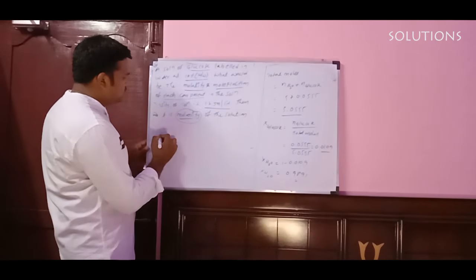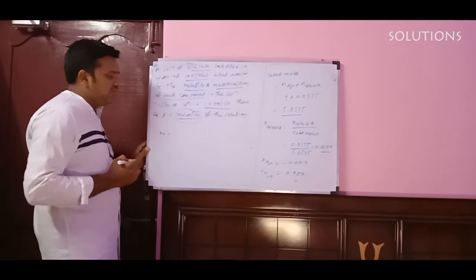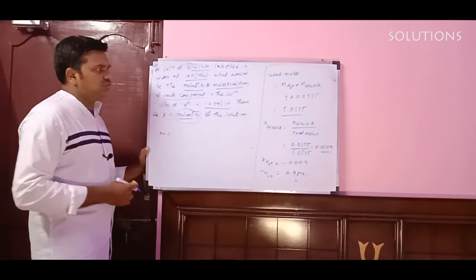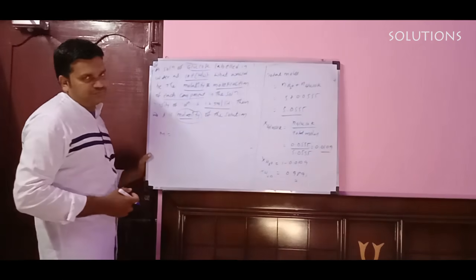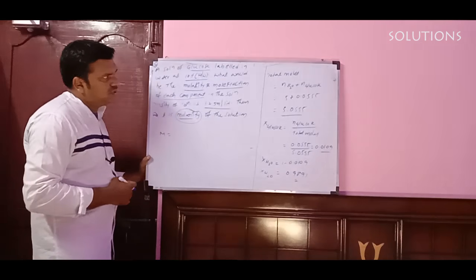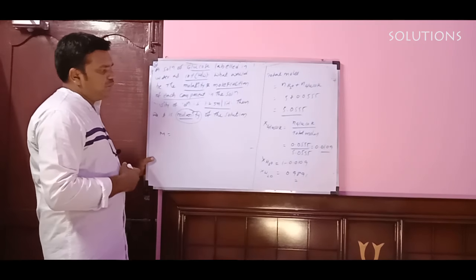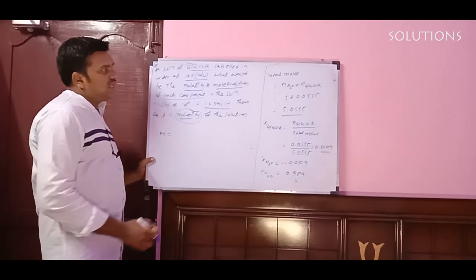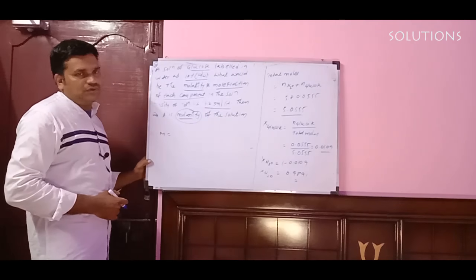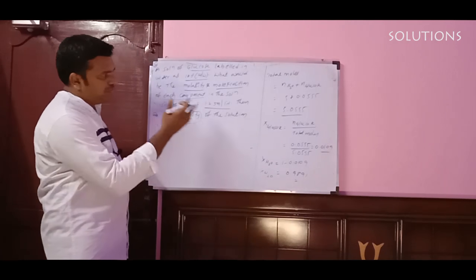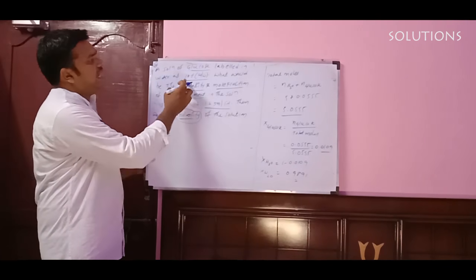For molarity, we have to know the formula, weight by gram molecular weight into 1000 by volume. But here they did not mention the volume. Is there any volume mentioned in the problem? No. But they gave density and they gave weight percent, and we have to identify the molarity by using this density and weight percent only.